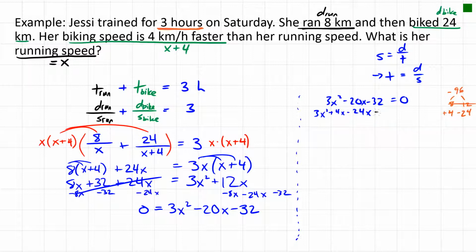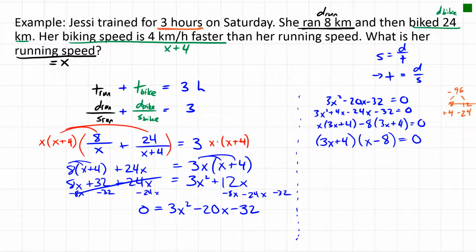Now I'm just factoring my messy trinomial, just like we were doing way back when we were concentrating on our trinomials. 24 and 32 each can be divided by 8. So I'm going to take out negative 8 times 3x plus 4 equals 0. And that means I have 3x plus 4 times x minus 8 equals 0.